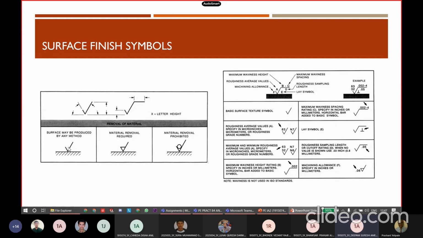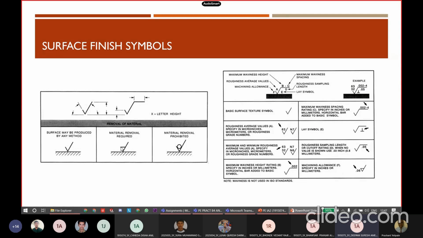The simple one on the leftmost shows that the surface may be produced by any method, that the finishing of the surface can be done by any method, be it adding some material or removing the material from the topmost surface.